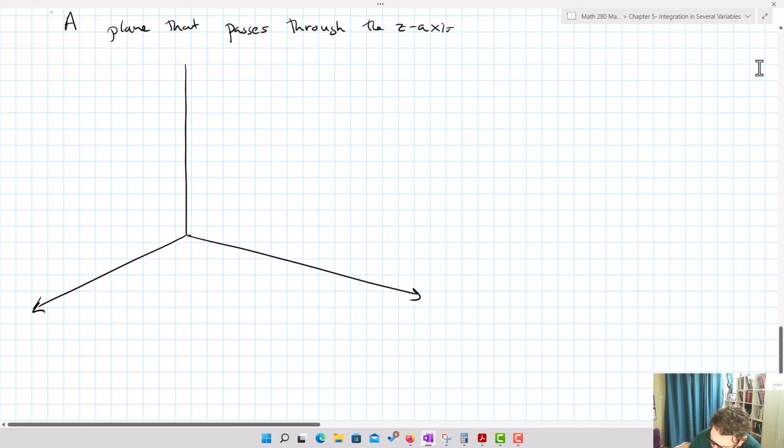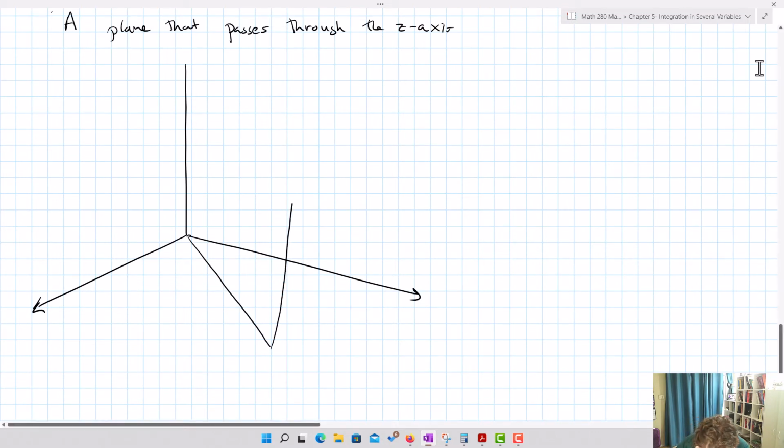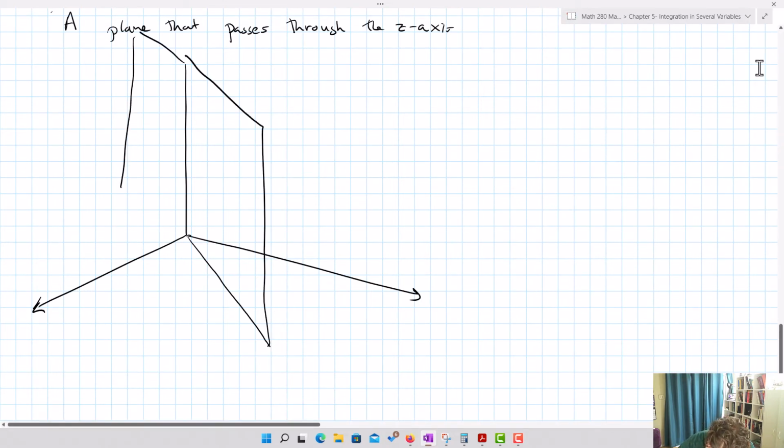So I want to imagine that I've got this plane here that's going to pass through the z-axis, all right? And there we go, and we can even imagine that it goes downward forever, right? It comes outward forever.